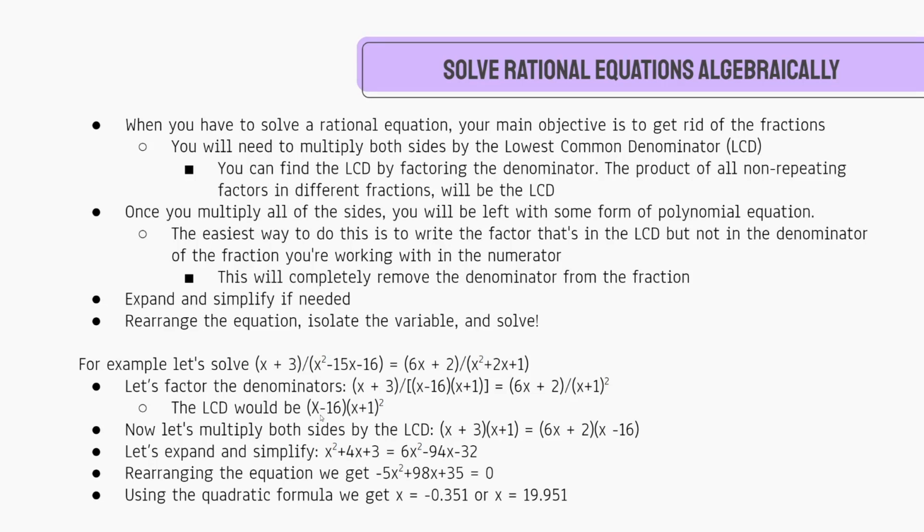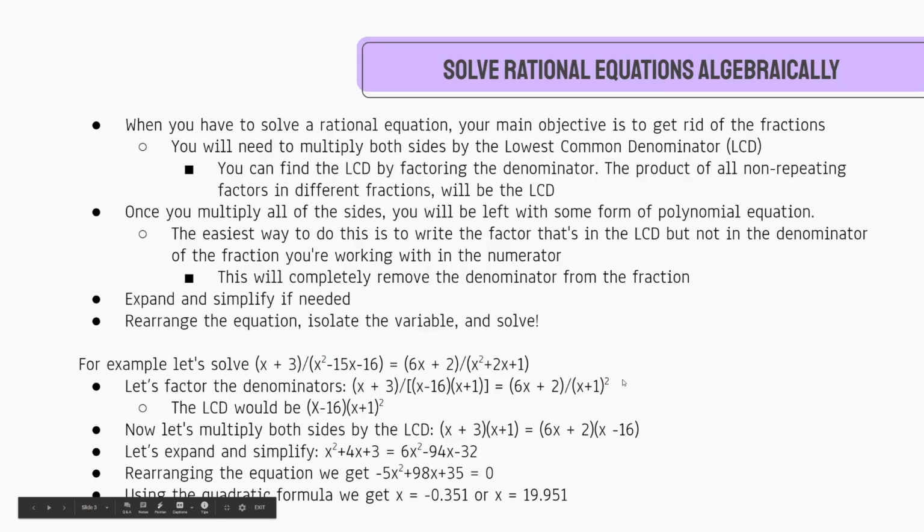Now, let's multiply both sides by the LCD. We multiply the first fraction by x minus 16 times x plus 1. What we get rid of is x minus 16 and x plus 1, and we're left with x plus 1. That is why we get x plus 3 times x plus 1 in the numerator, and the denominator now equals 1, so we don't even need to write it.